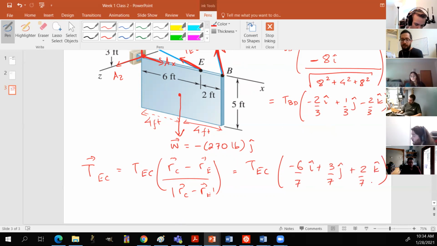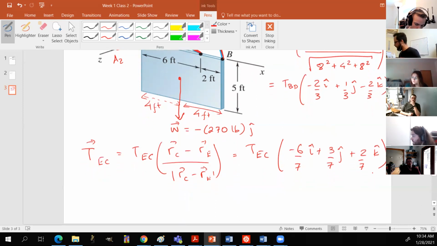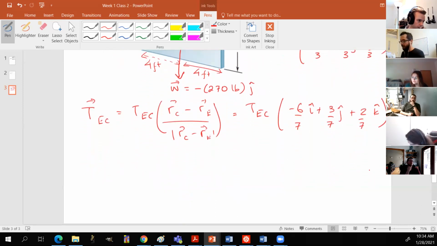All right, and I believe the problem has been set up for us, right? Because now this is where the beauty of Mathematica lies.